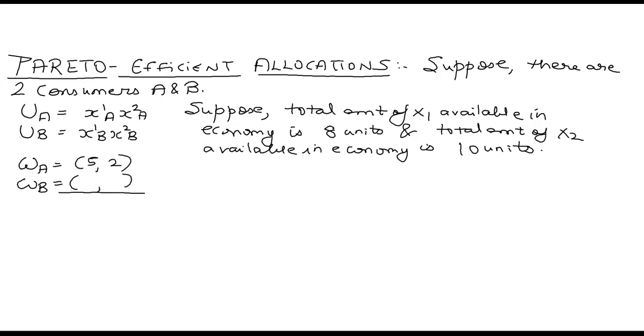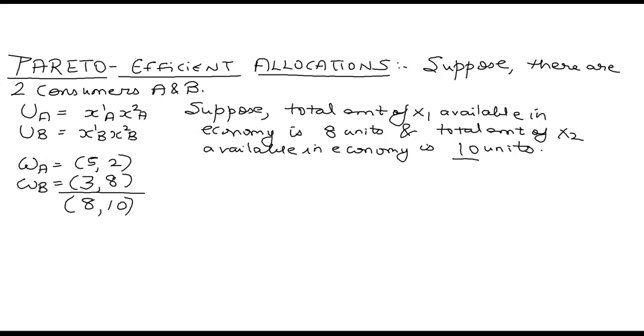We know that the total amount of good 1 available in the economy is 8 and of good 2 is 10. If the total of good 1 is 8 and A has 5 units, B will have 3 units. And if the total of good 2 is 10 units and A has 2 units, agent B will have 8 units.